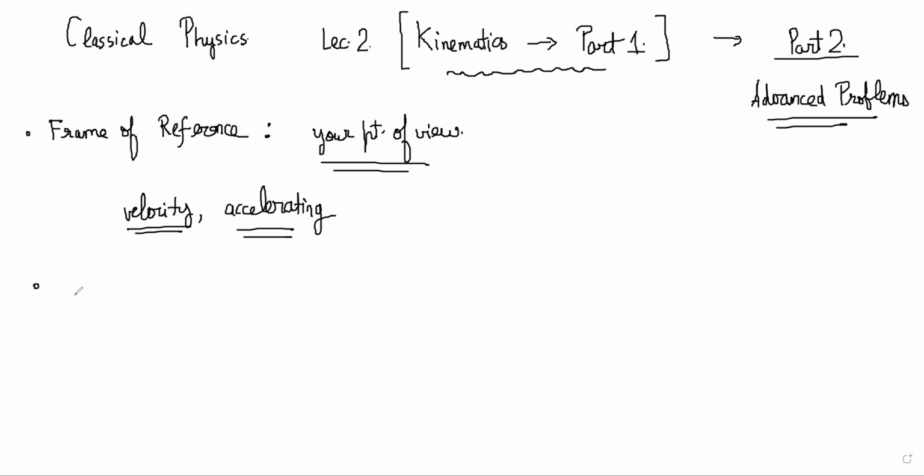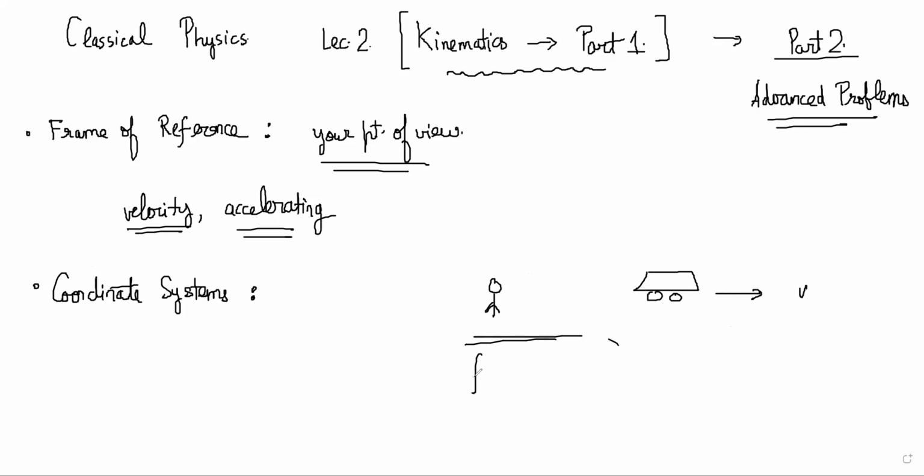The second thing that I want to talk about is coordinate systems. So what are coordinate systems? Now, basically, suppose you are this observer and you see something traveling with some speed, right? Now, this already is your frame of reference. You have already defined your frame of reference. This is the observer. It is his frame, right?